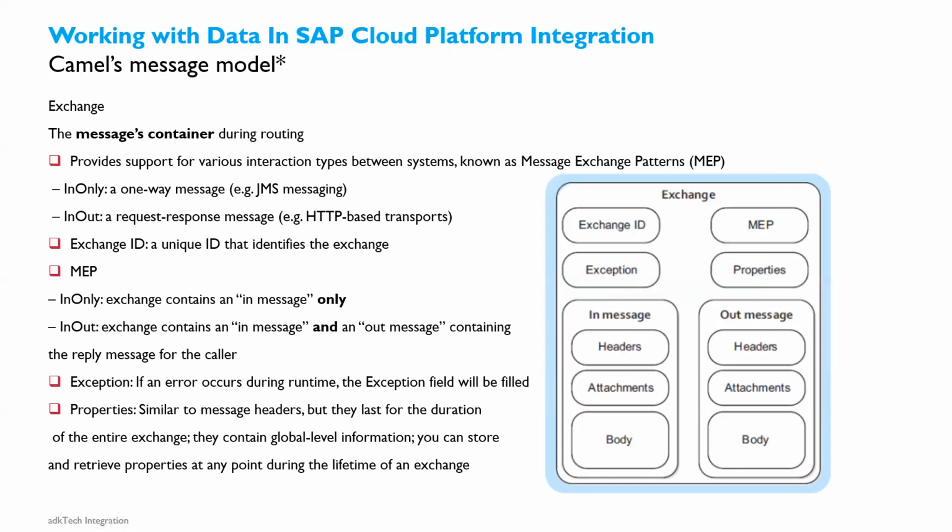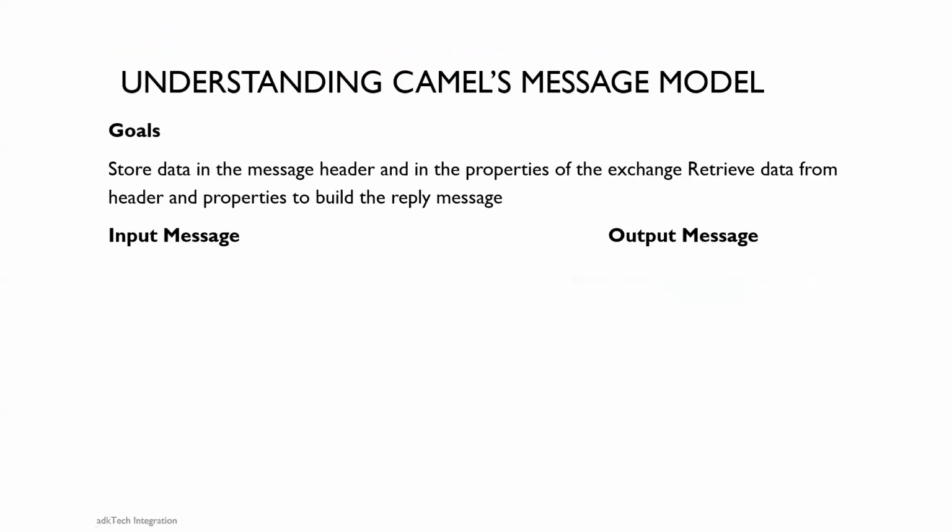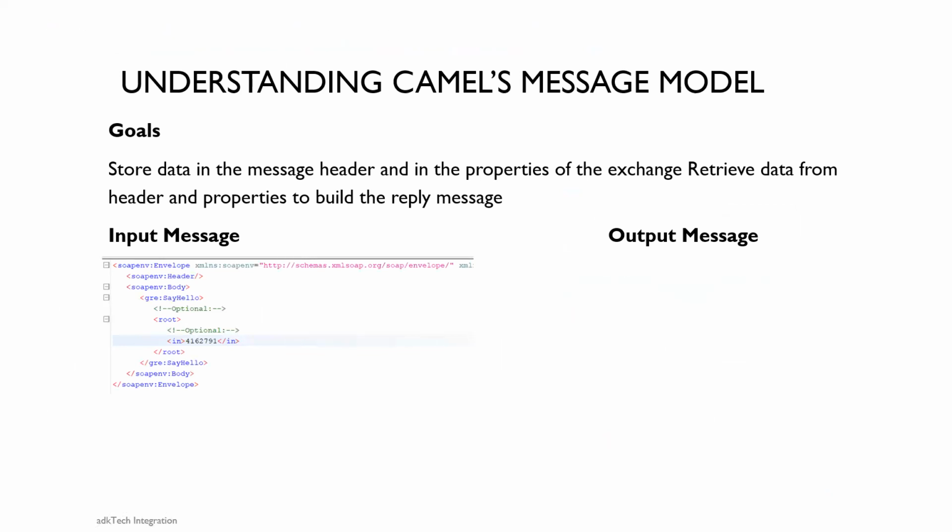Let's move further and see practically how to achieve it. Here we are going to pass the value through the SOAP sender. This is the SOAP sender we are going to use.